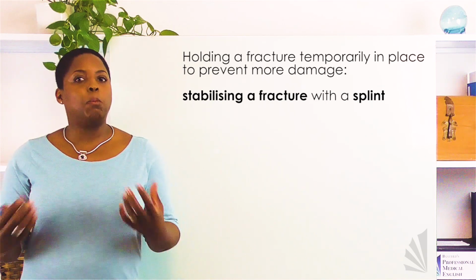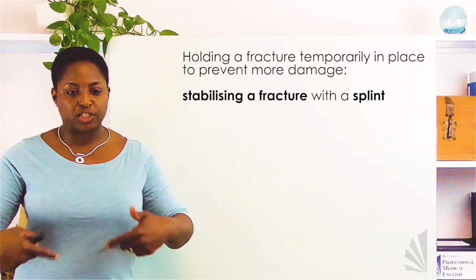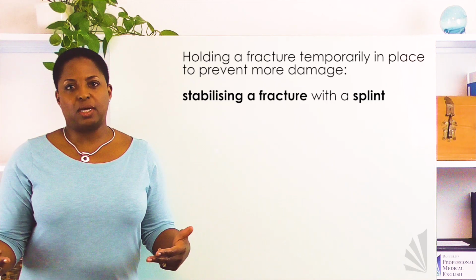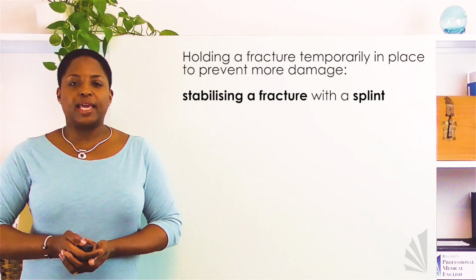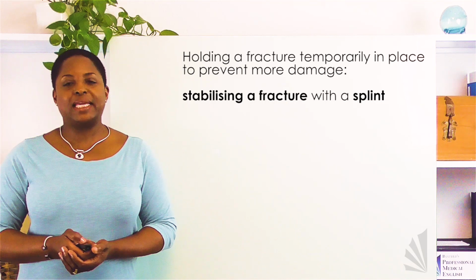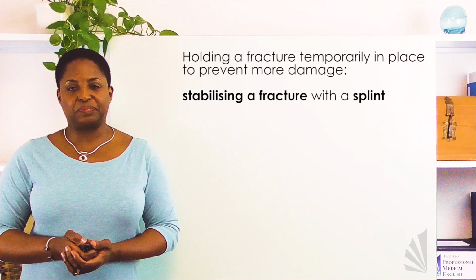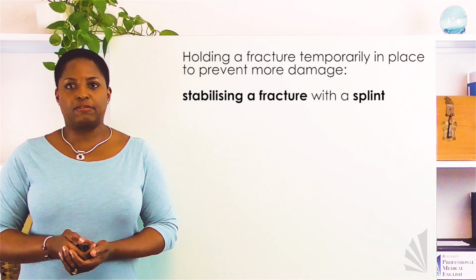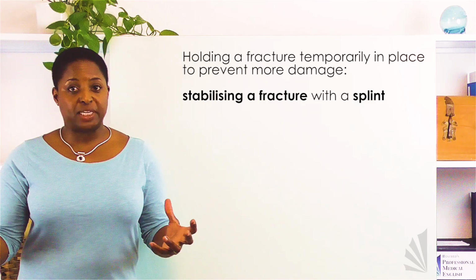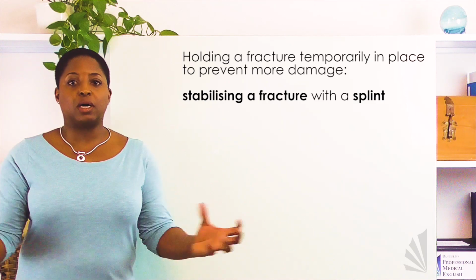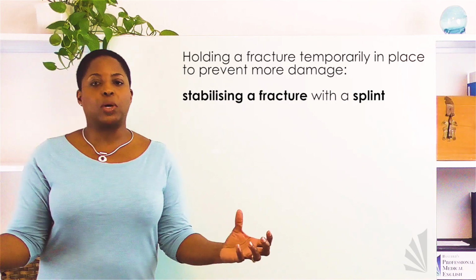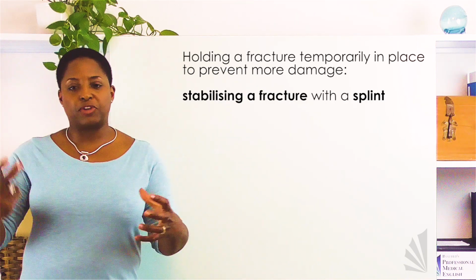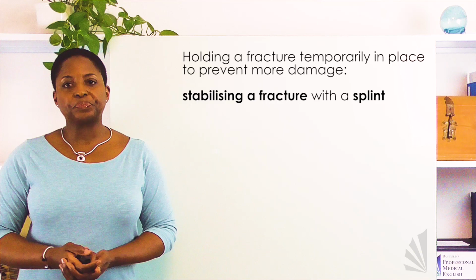And you do this by usually attaching it to a splint of some sort. So we say that you stabilize a fracture. Stabilize a fracture with a splint, which is the piece of stick or metal or whatever that you use to keep the fracture from moving around.